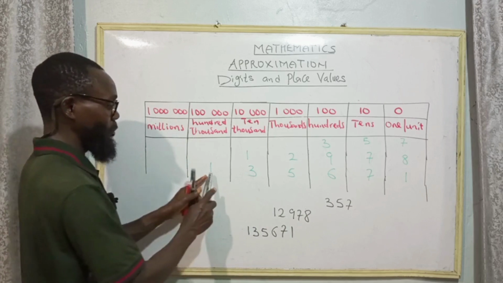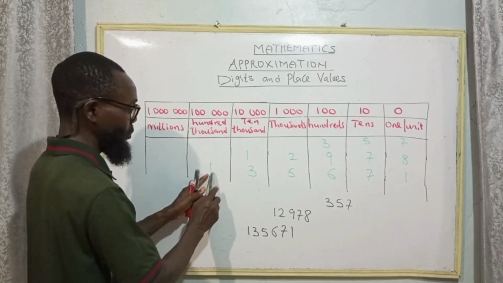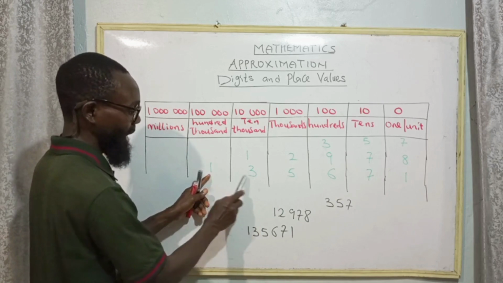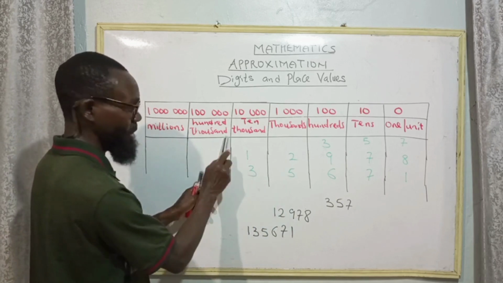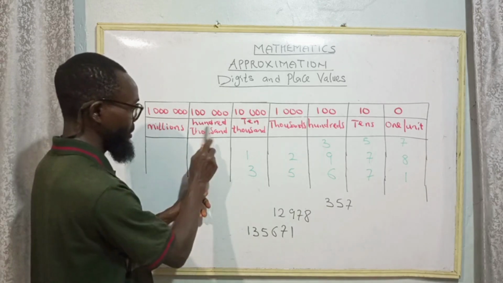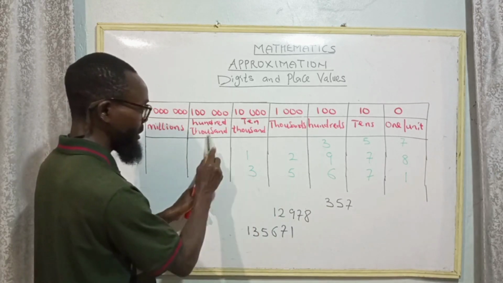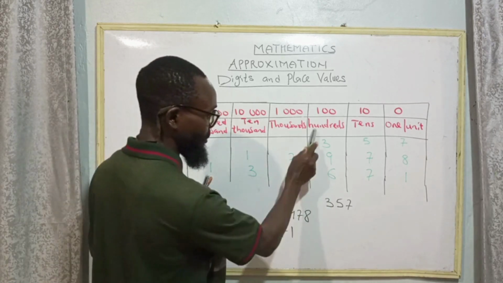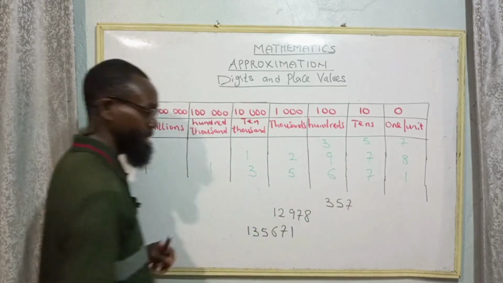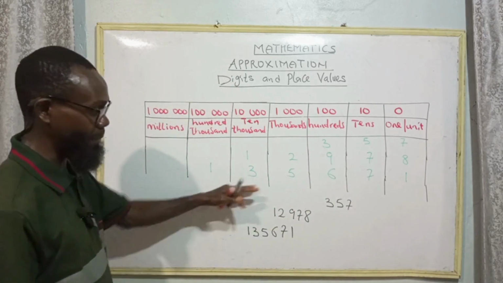So this is 135,671. This is the figure of it, and these are their place values.